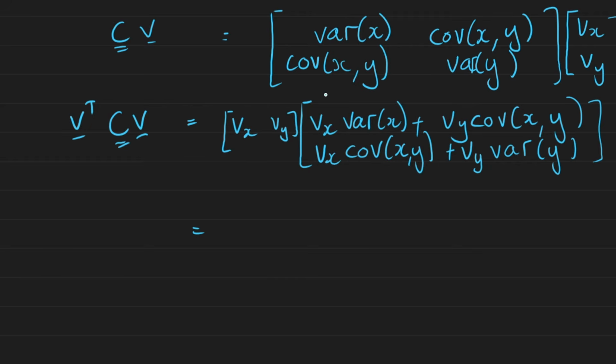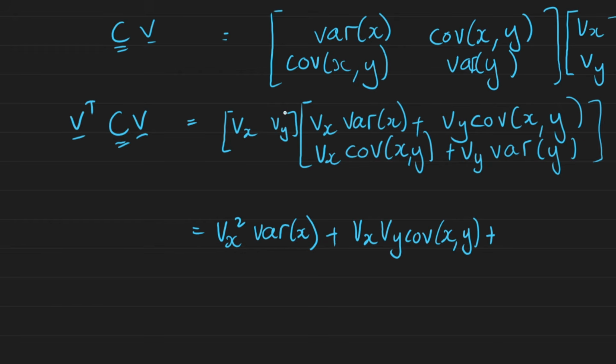So it's going to be Vx times Vx, that gives us Vx squared, times the variance of x. Then we're going to have plus Vx times Vy times this covariance of xy.